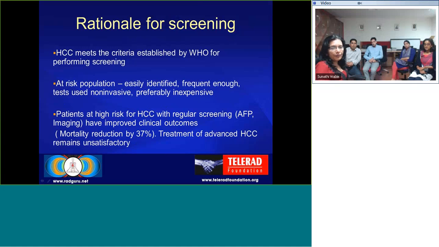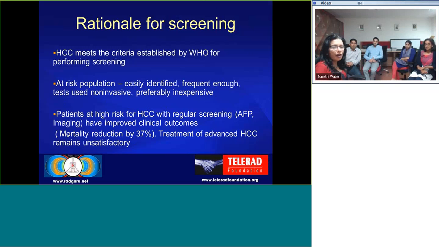So actually the largest data came from China, by Zhang et al. in 2004. They did a randomized trial of about 20,000 patients in Shanghai. About 10,000 patients were screened and 10,000 were not screened with AFP and ultrasound.